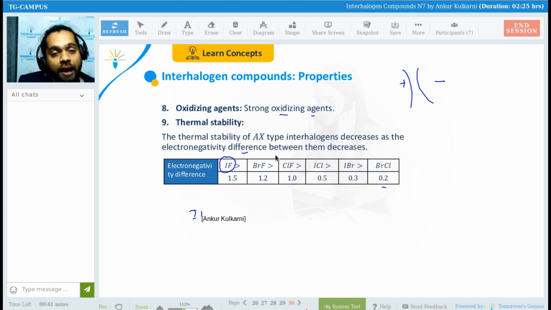So write this down. IF7 thermal stability very low, then BrF5, then ClF3. Write down the thermal stability.